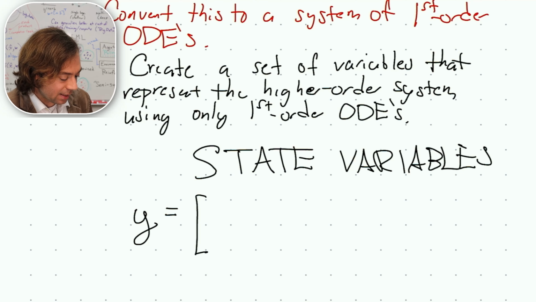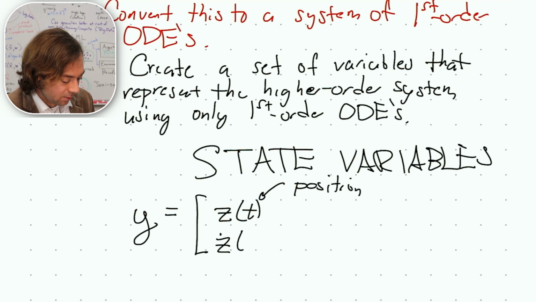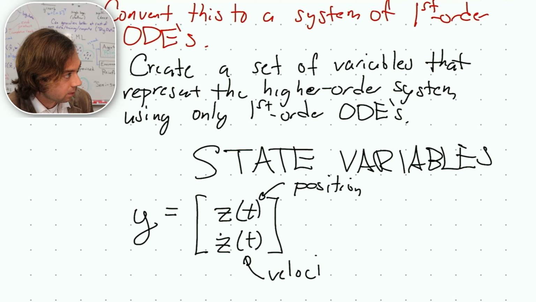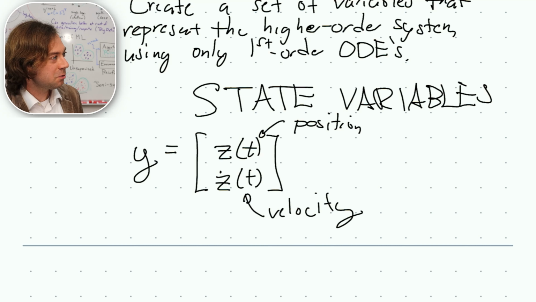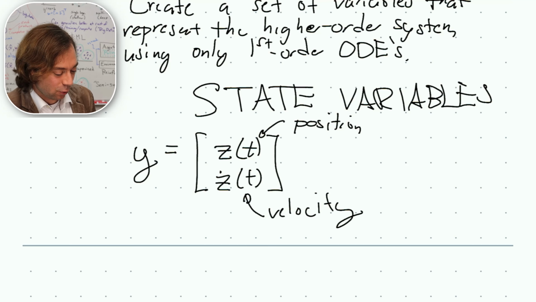And we'll say it's going to be z(t), which is the position, and z dot of t, which we all know is the velocity. These are our state variables. We put them in a list. Those of you who have ever seen that before, that's a vector. So we often call that the state vector.